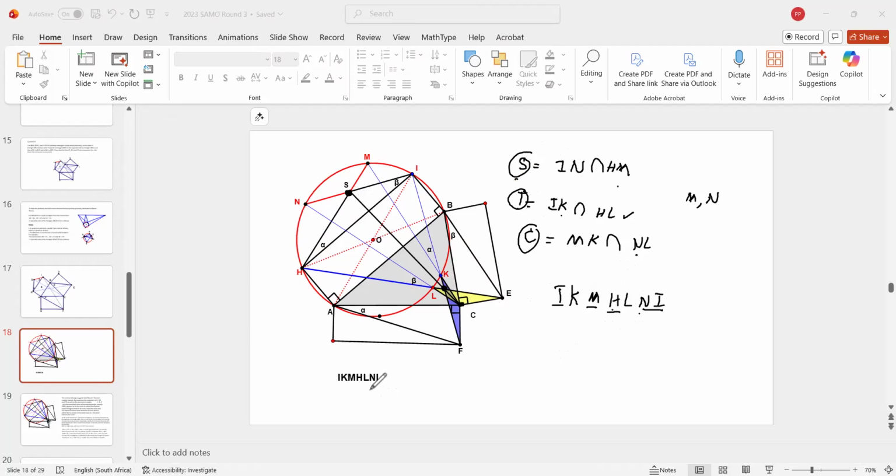So I got I, K, M, H, L, and I actually constructed Y. When I saw this for the first time, I said, where the heck did they take this from? Why are they going all over the place? But there is a logical way of doing it, because we need to show that these 3 points are collinear. So you have to look at which chords of the circle intersect at these 3 points.